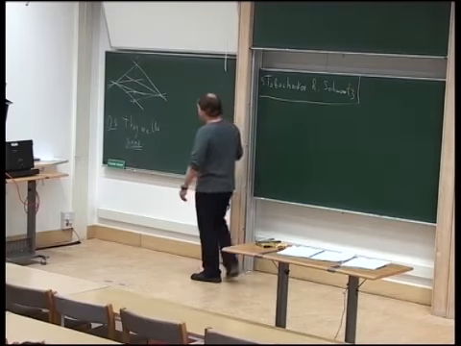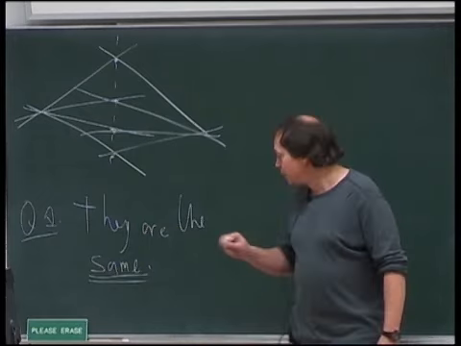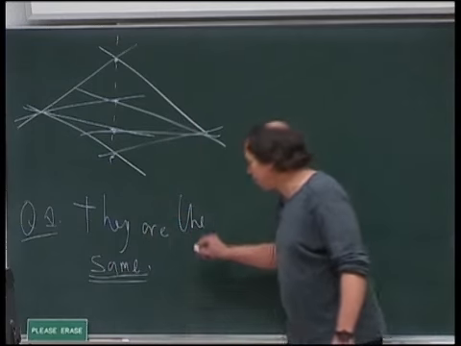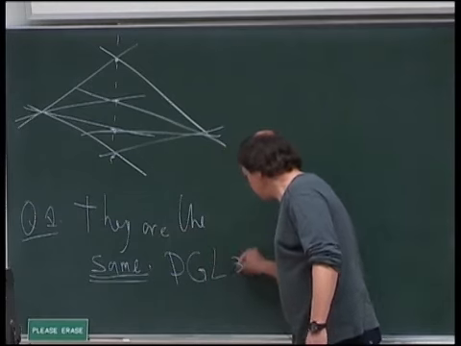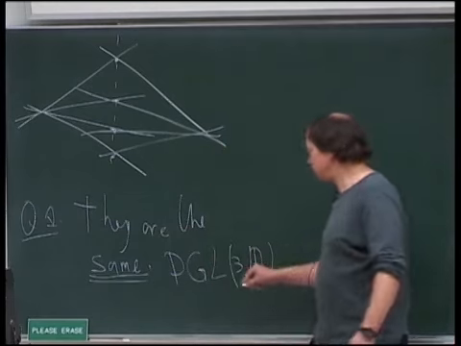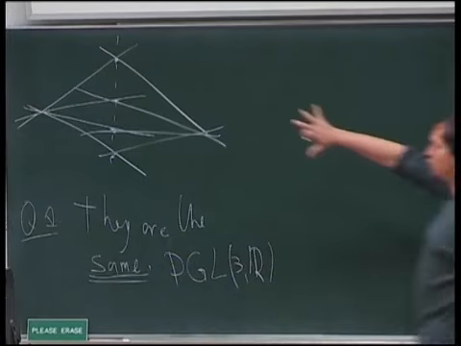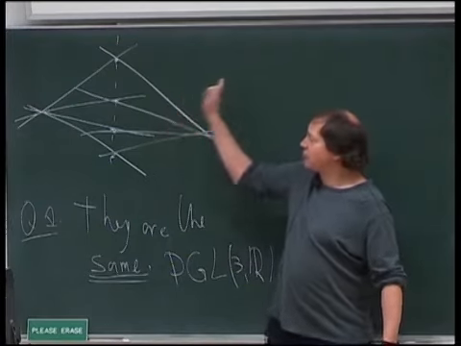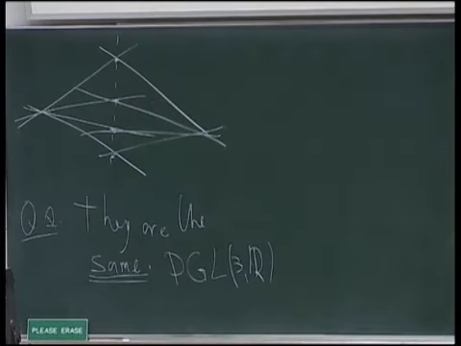This means if we consider the standard action of GL3, if you prefer projective GL3, then these 4 lines can be sent into these 4 lines. There is an element of a projective transformation that simply sends 1 pencil into the other.